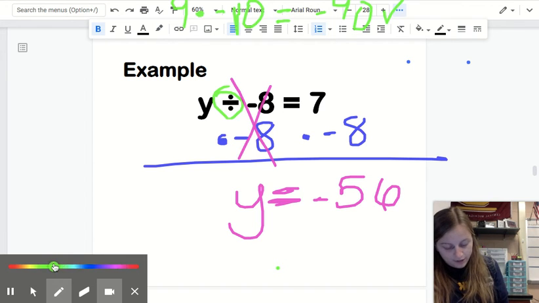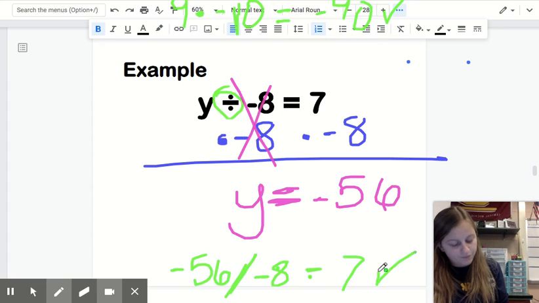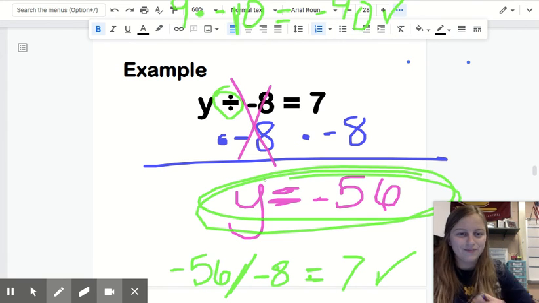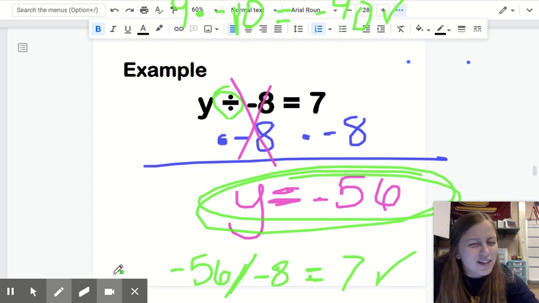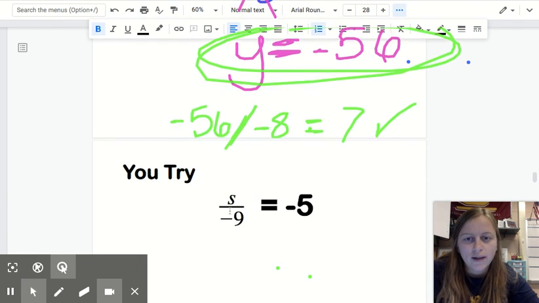Again, checking your answer at the end, negative 56 divided by negative 8, does that equal 7? It does. I did my problem correctly. So guys, these are the same as one-step equations with positives. Now the numbers are just a little trickier. Go ahead and you try this one.